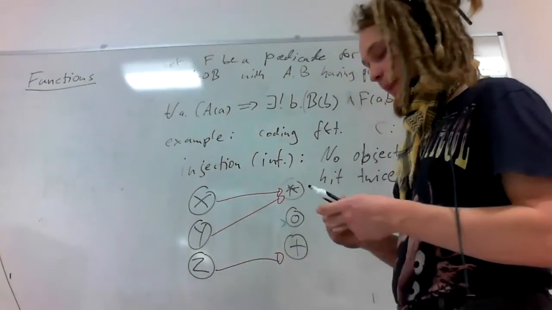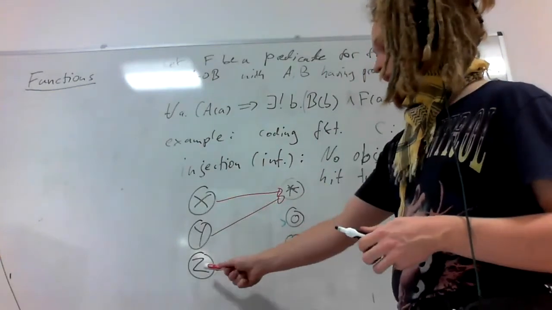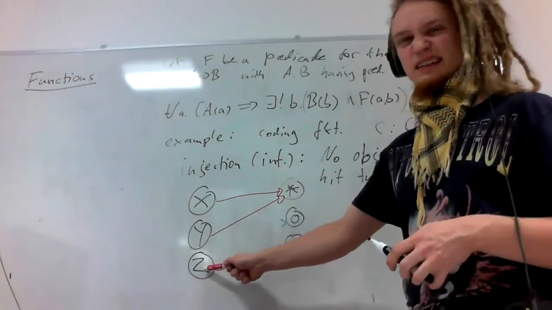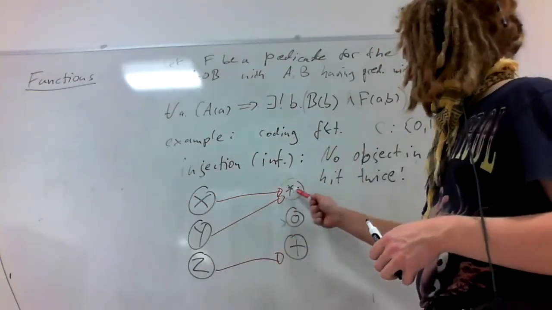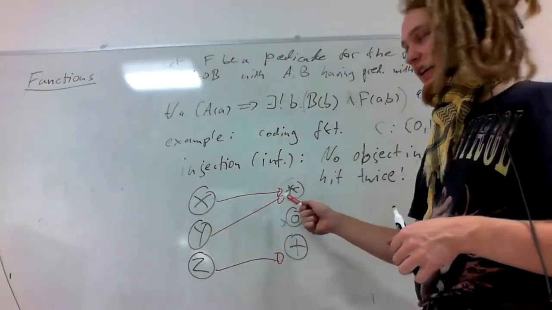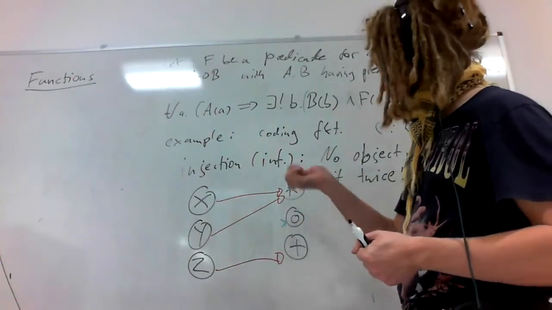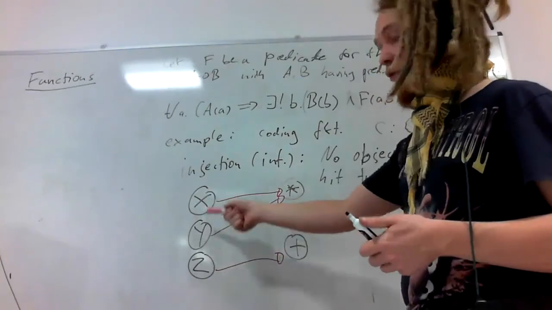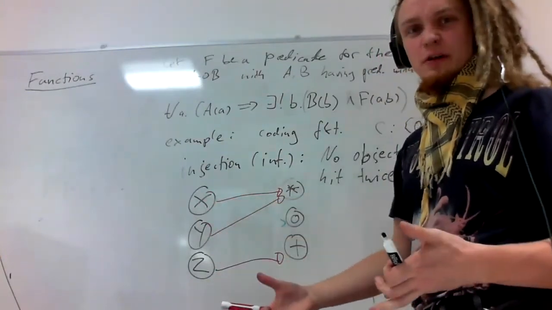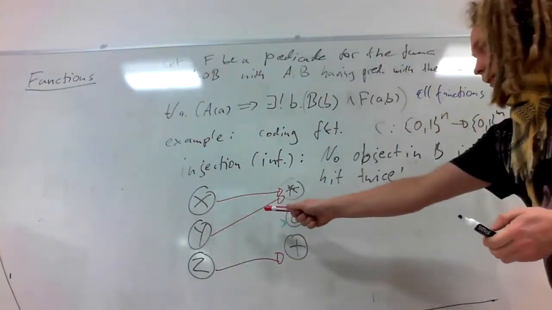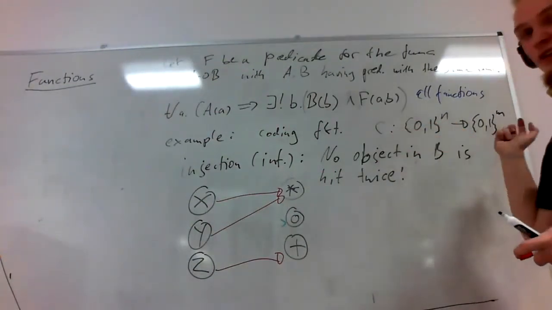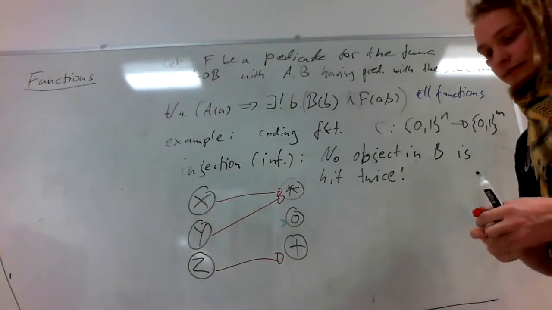For Z, we are fine because if we're getting a plus, we know it could have been only Z. If we're getting a star, then we're in trouble, because the star maps to X or Y, and we don't really know what the original object was, right? So that's why encoding functions are always at least injective.